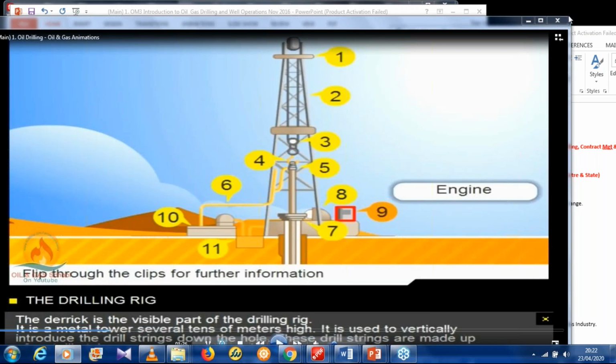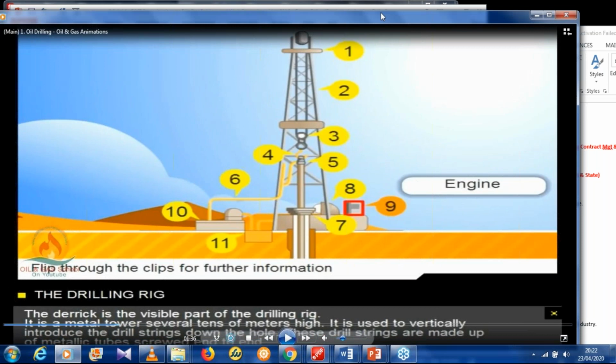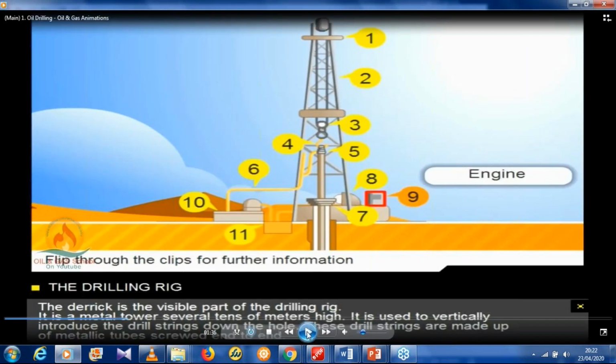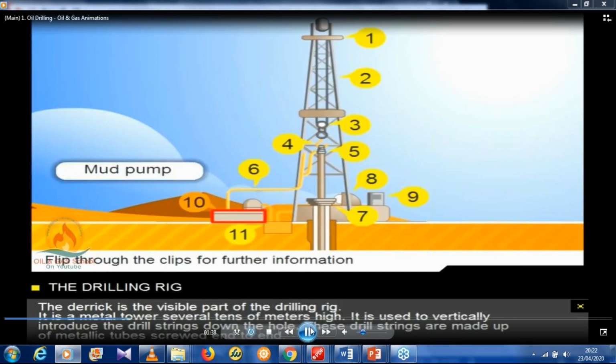Then here we have our engine. This is the engine room or the control point of the engine. And then we also have the mud pump. Remember, we said this line is the mud injection. This point here is the mud pump.